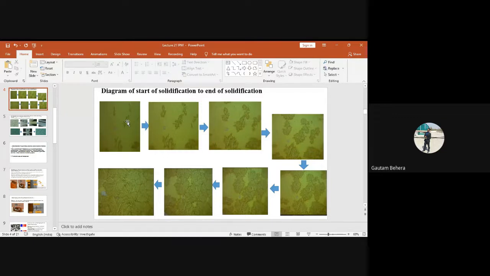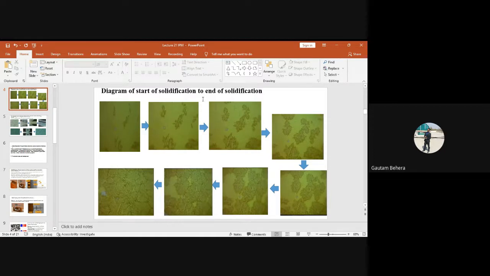So that step is called nucleation. So nucleation is nothing but formation of what? Tiny solid particles inside the liquid. Is it okay? Or you can say formation of tiny crystallite nuclei inside the liquid is called the nucleation stage.